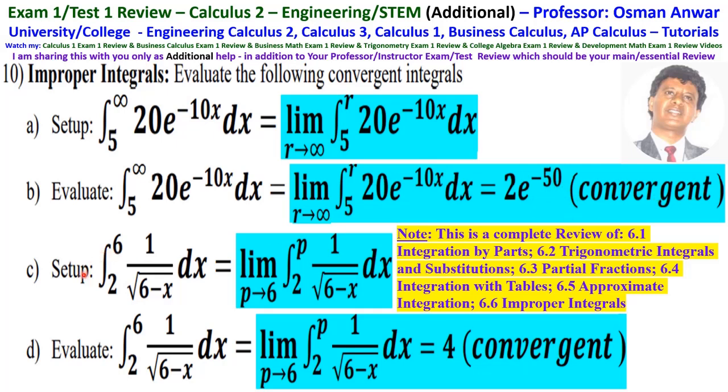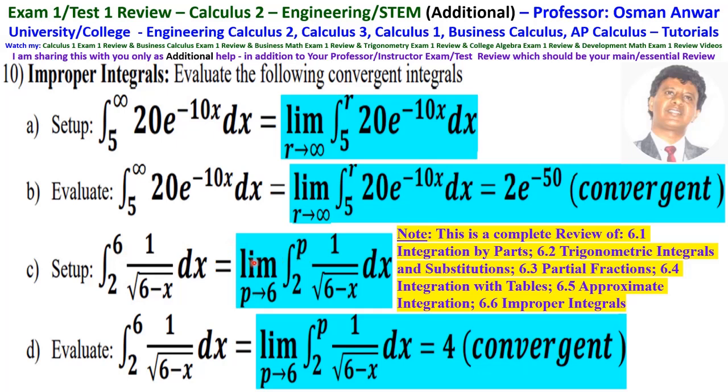Then this is C, integration of 1 over square root of 6 minus x from 2 to 6. And obviously when x is 6, 6 minus 6 is 0, so this becomes undefined. Then this is an improper integral. Then we're going to change the 6 into p.